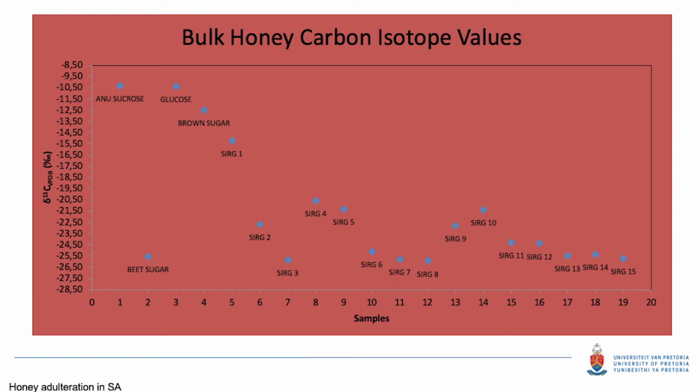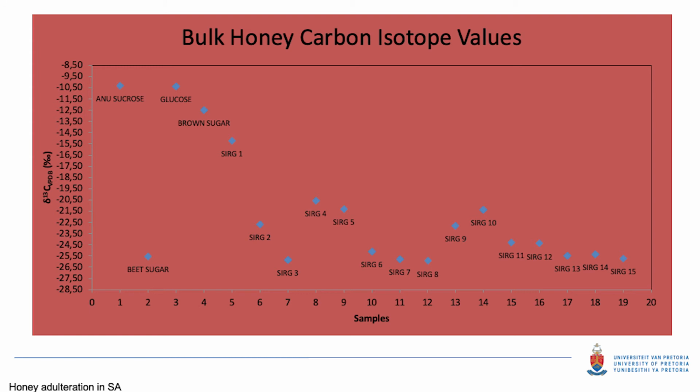The values right down at the bottom, between -25 and -28, are all honey products that comply with the internationally accepted range of values for stable isotopes of honey. The ones a little bit further up, between -20.5 and around -23.5, are just on the edge and fall into what I would call a grey area and may be considered suspicious, and further analyses of these products would have been necessary.